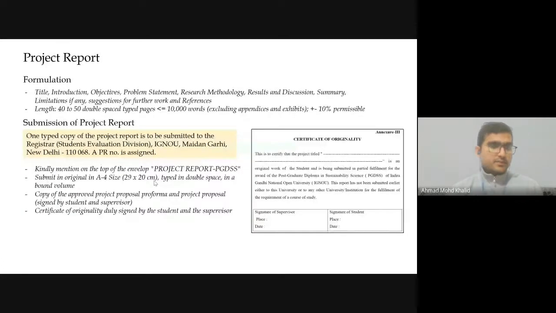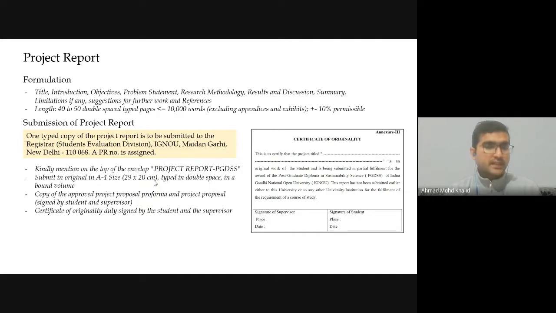Then once your project proposal is clear, you will be writing the project report. So again, like the proposal, the components are almost similar of your project report, but now your work is very clear and you conduct your work. And when your work is done, then following the template, you will write the report.